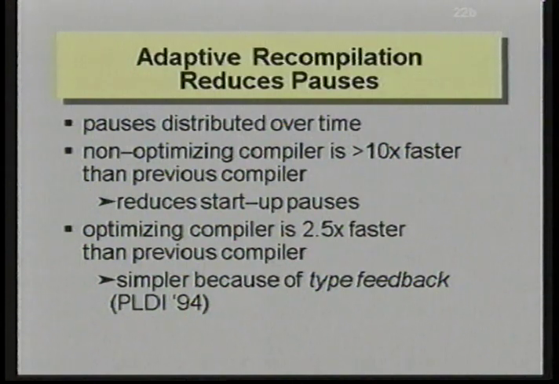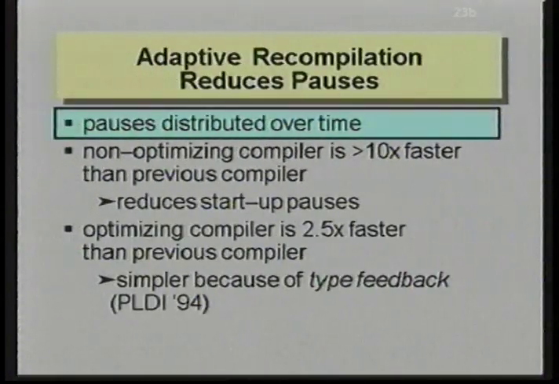The first time a method is invoked, it is being compiled into unoptimized machine code. And then only if it is executed often is it optimized by a second optimizing compiler and transformed into optimized machine code. So this system uses two compilers, a fast non-optimizing compiler and a slower optimizing compiler.